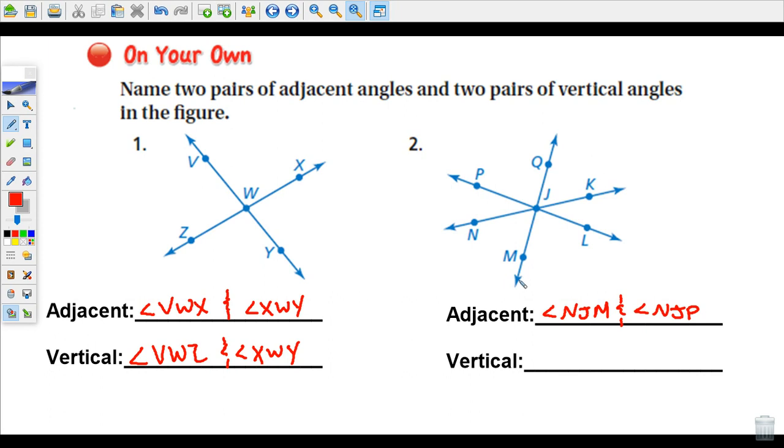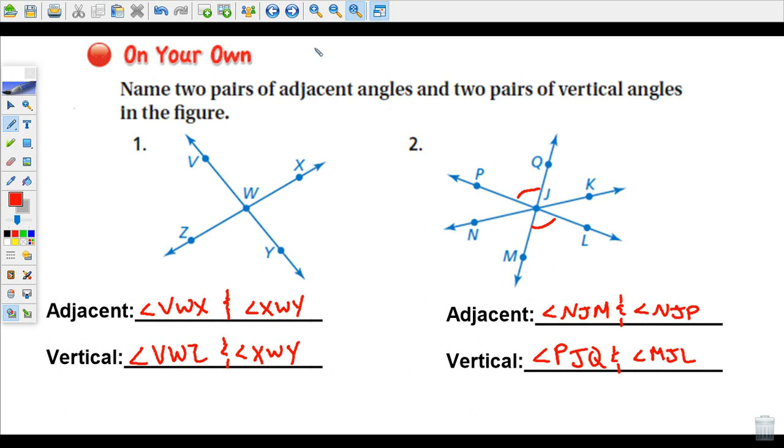So I'm going to focus on this line intersecting this line. The first angle I'm going to identify is right here, angle PJQ. And it is a vertical angle with this, which is opposite in that intersection of these two lines, MJL.